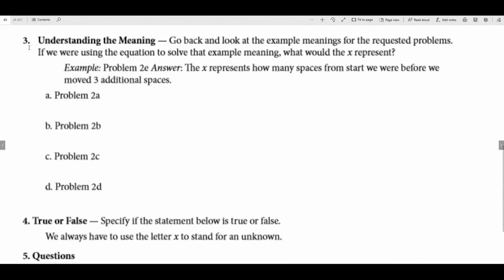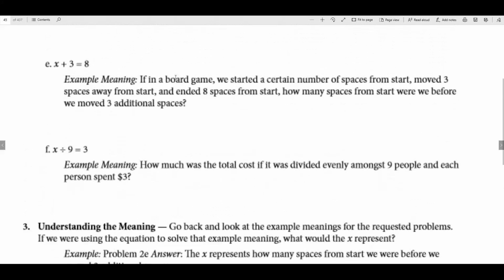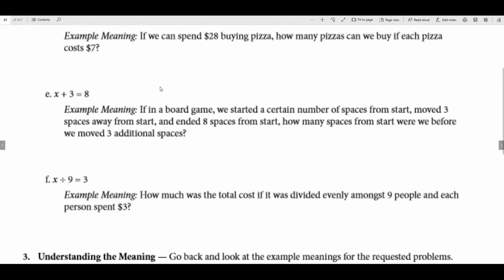Now, on this part, let me go over this with you. It says, go back and look at the example meanings for the requested problems. If we were using the equation to solve that example meaning, what would the x represent? Here's an example. In problem 2e, the answer was 5. So your 5 would be the x. So what does x equal?